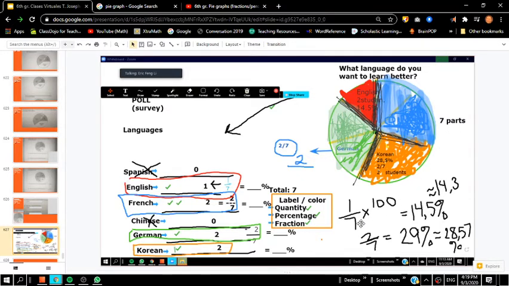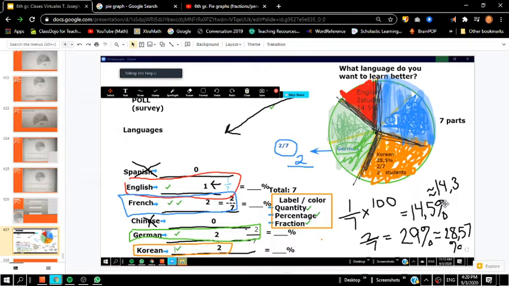You'll notice that we try to find not only the quantity, but also the percentage and the fraction, like I said before. So for example, if one student voted that they want to learn English better, that would be 1 out of the 7, or 1/7. In order to find the percentage, what we did was we took 1/7 times 100, which we came up with, I think Stephanie was one that got me this answer right here, 14.3.